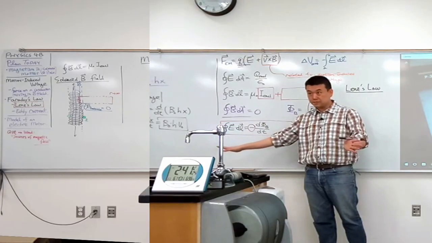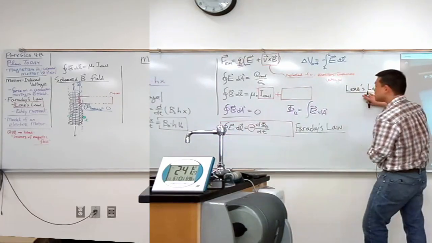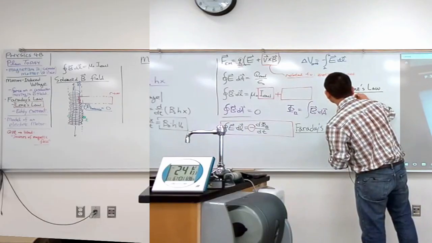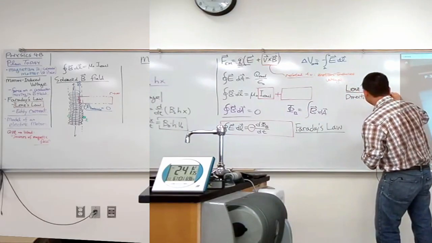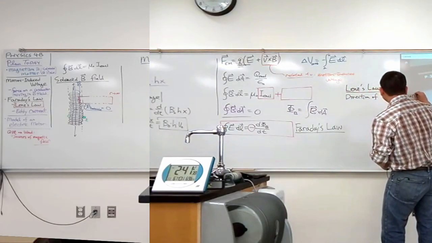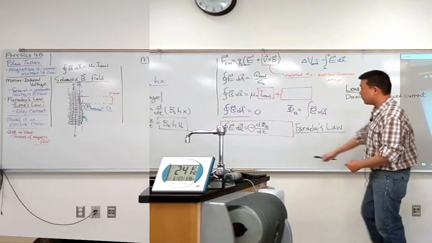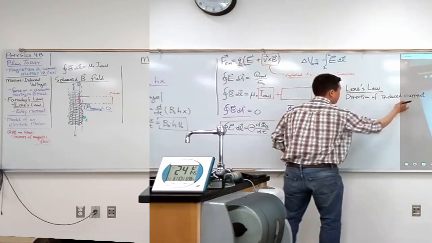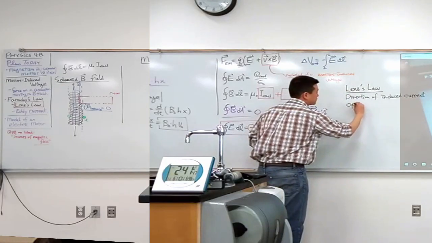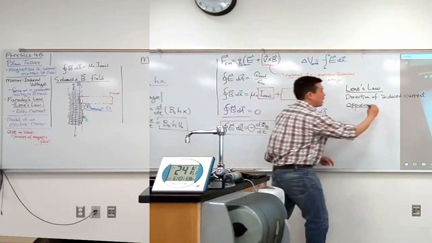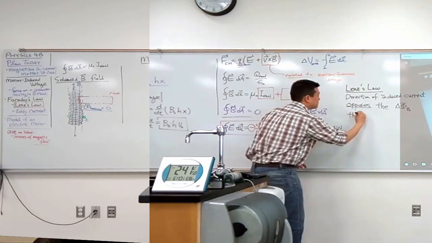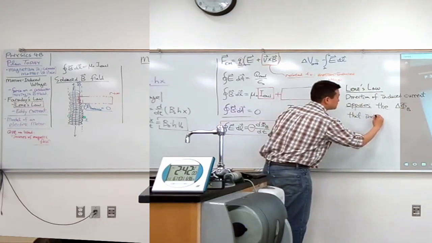All of that is reasonable so far? Okay, so Lenz's law deals with the current. It says that the direction of induced current, that is the current that you would get from the voltage in Faraday's law, opposes the change of magnetic flux that induced it.